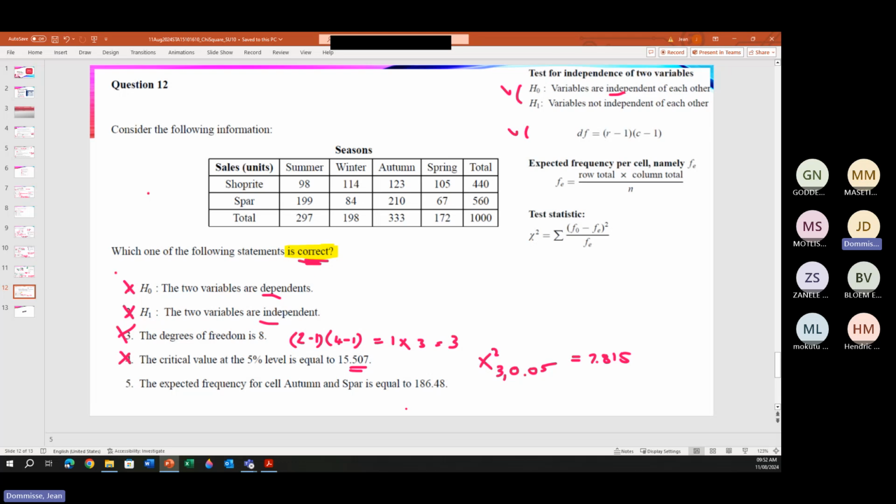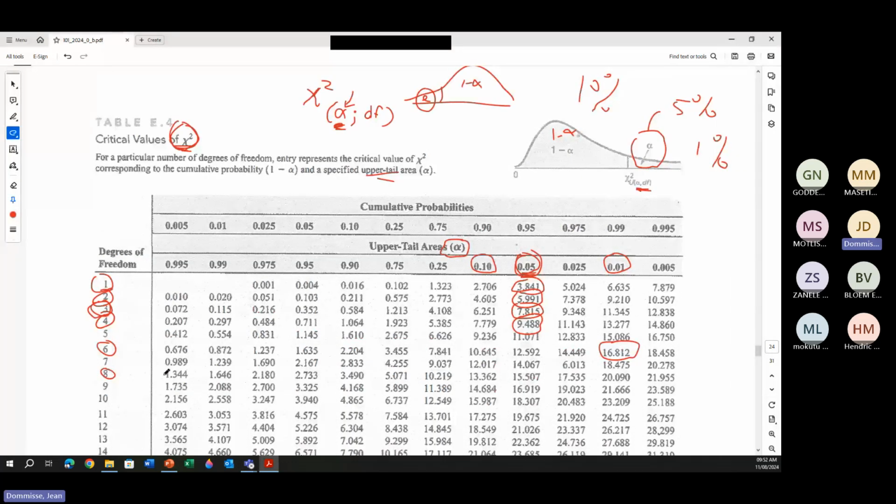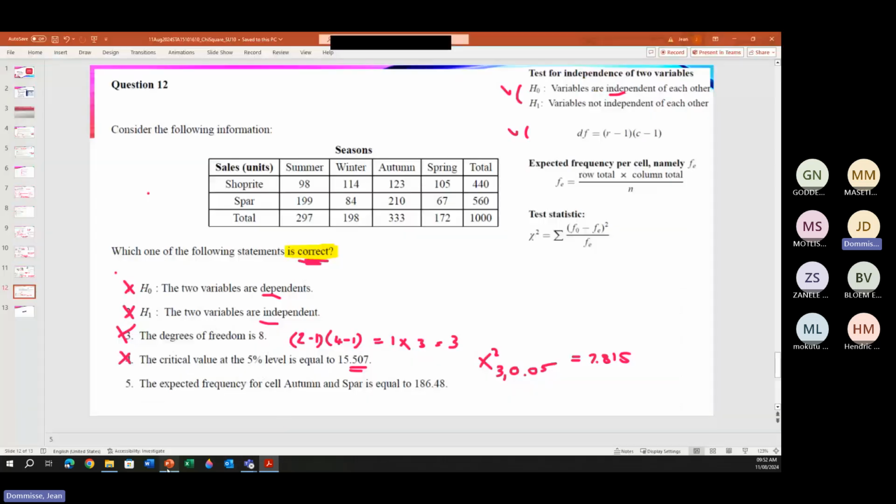I just want to quickly check, just for interest's sake, what it is if we use degrees of freedom of 8 with 0.05. Looking at 8 and 0.05, it is 15.507.